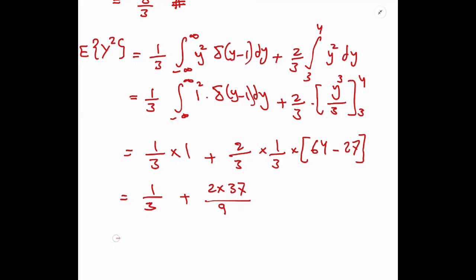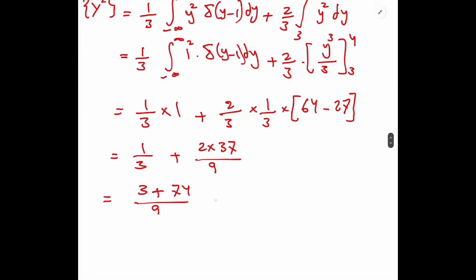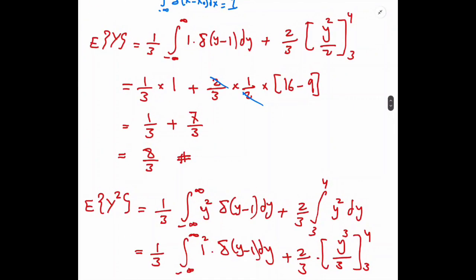And the final answer will be 3 plus 74 divided by 9, which is equal to 77 divided by 9. So we found the mean. That's part A.